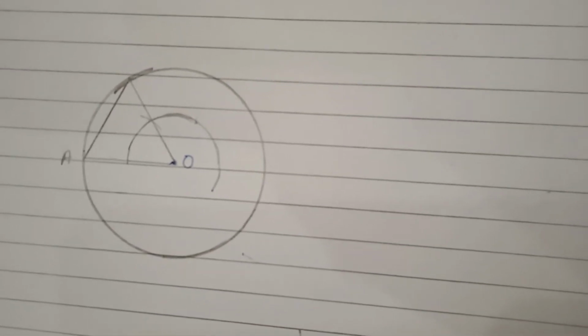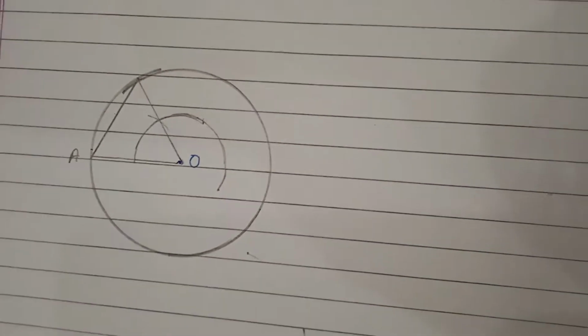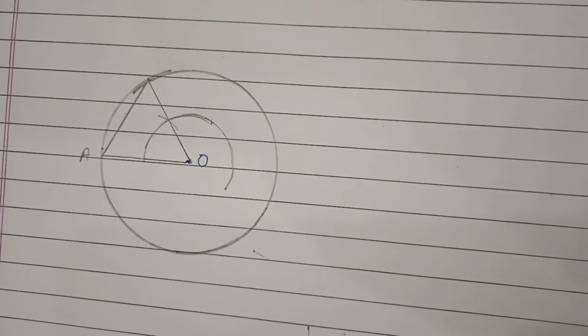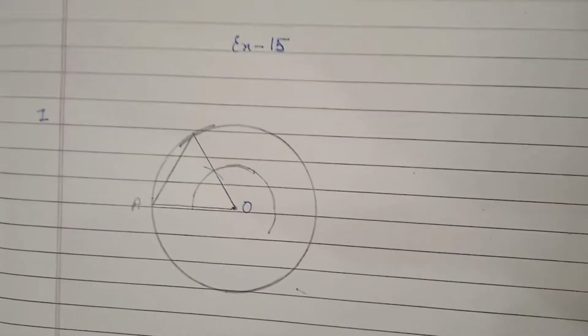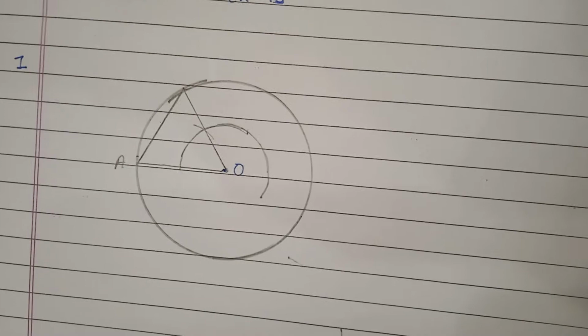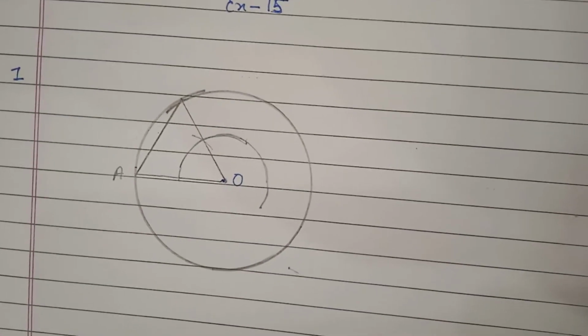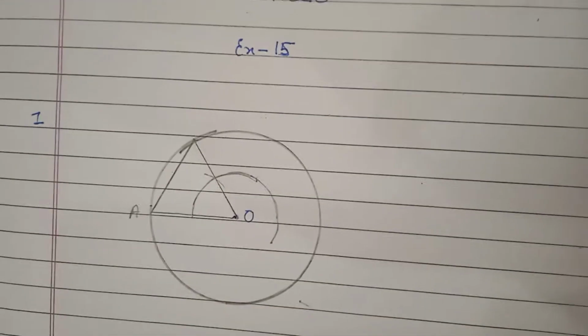For your information, what is radius? Radius is the distance from the center of the circle to the circle. And what is diameter? Diameter is the chord of a circle passing through the center of the circle.